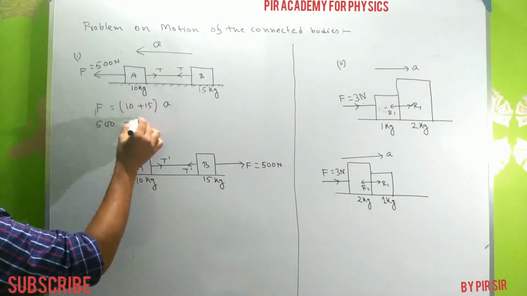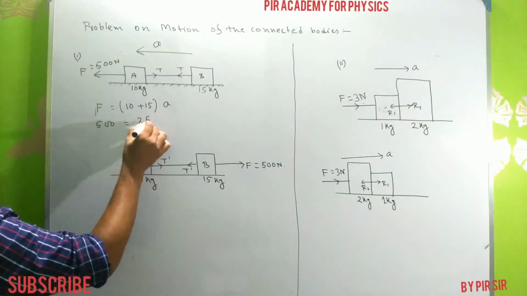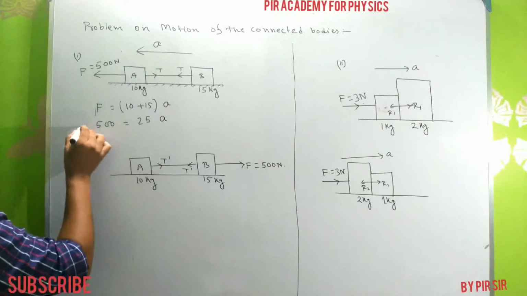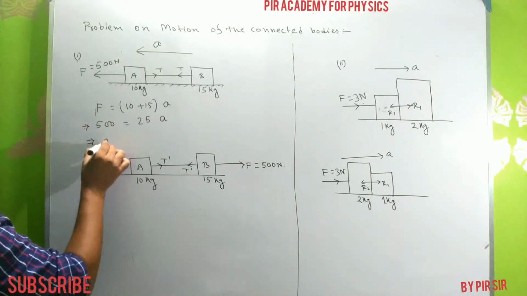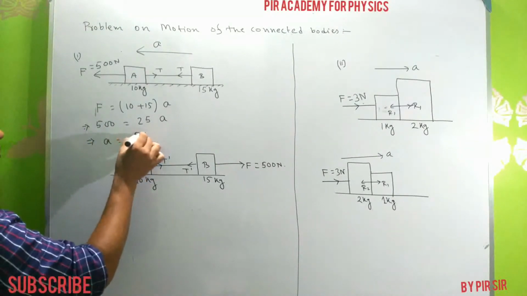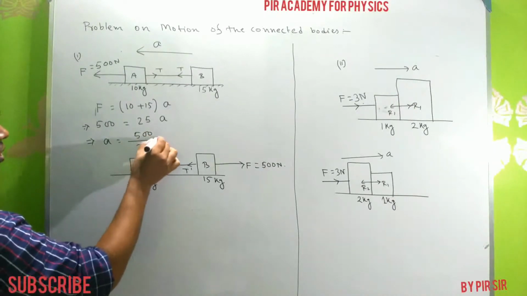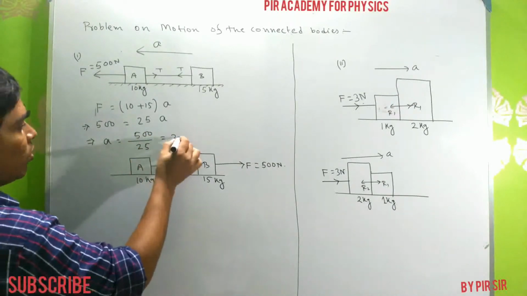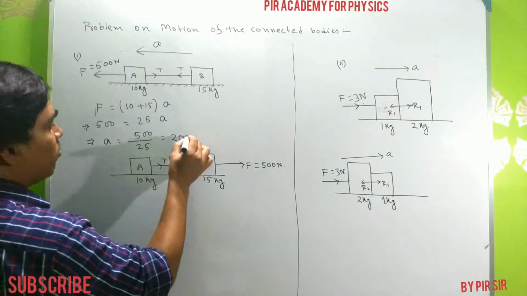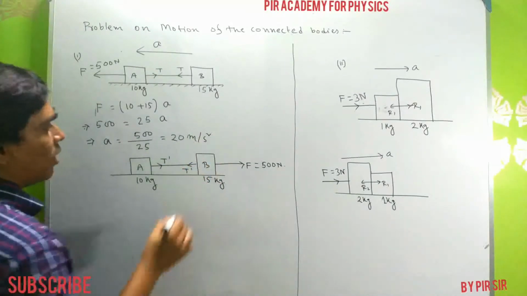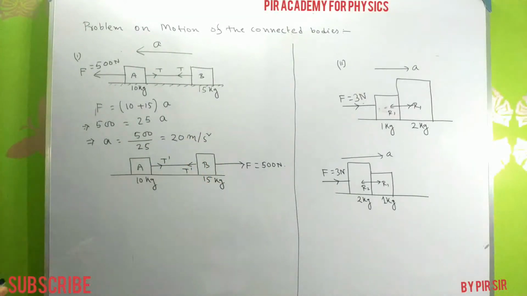That means 25 into A. So A equals 500 divided by 25, that means 20 meters per second squared. This is the acceleration of this system.